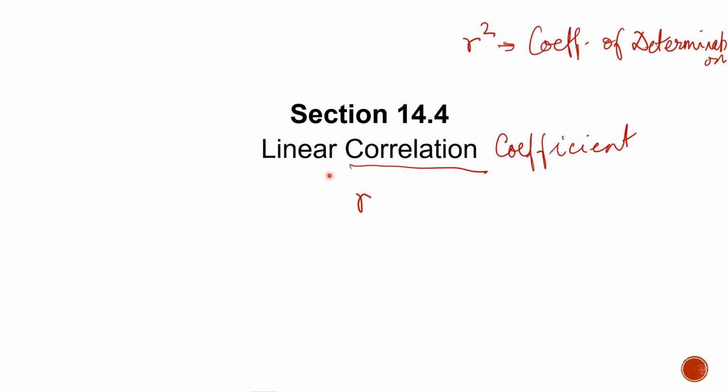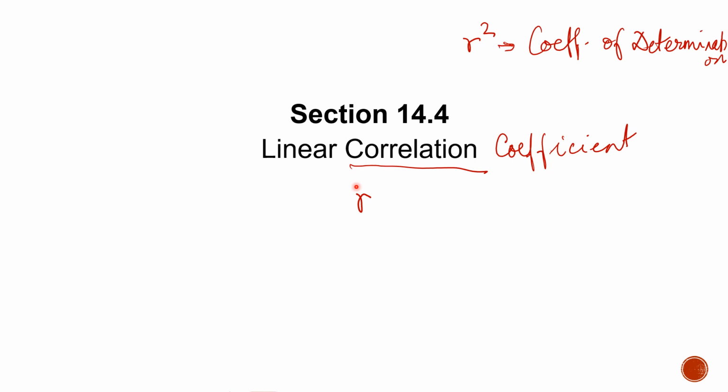So this measure is going to tell us, first of all, if they are correlated or not, and then if they are correlated indeed, whether they are positively correlated or negatively correlated, or they are not strongly correlated at all. All right, they are weakly correlated.